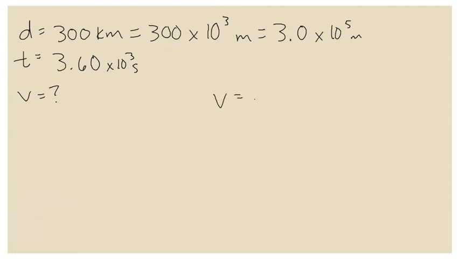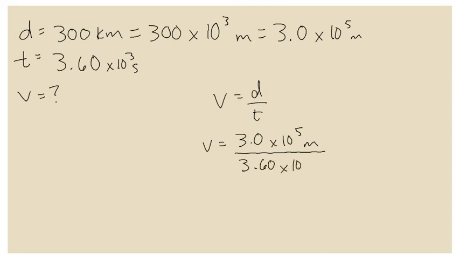So the equation for average speed is v equals d over t. And I have my distance, 3.0 times 10 to the 5 meters, over my time, 3.60 times 10 to the 3 seconds.